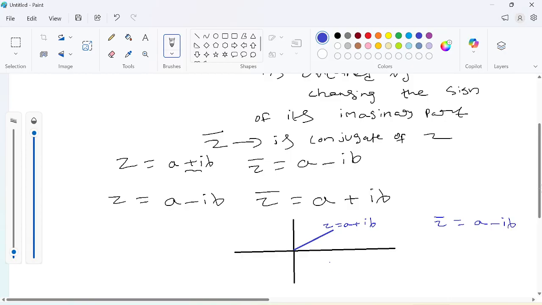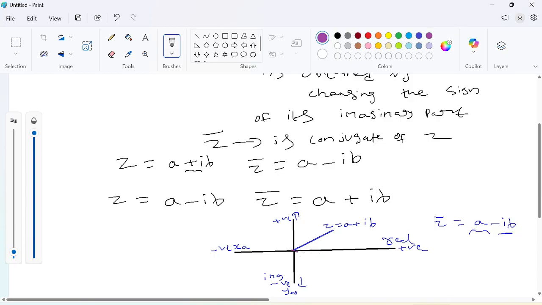Where will it come? This is your positive x-axis, this is your negative x-axis, which is your real part, your positive y-axis, which is your imaginary part, and the negative y-axis, which is your negative imaginary part. Here your real part is positive and your imaginary part is negative. That means it will come like this.